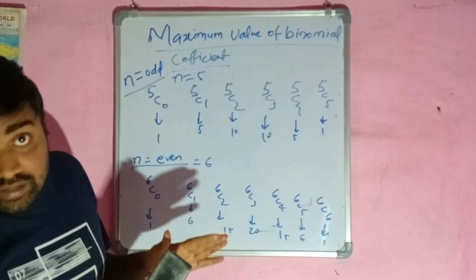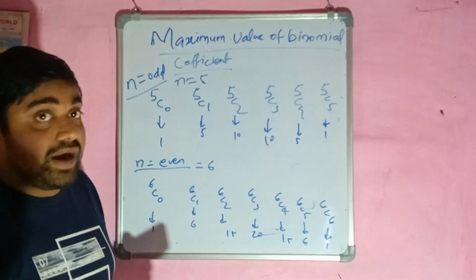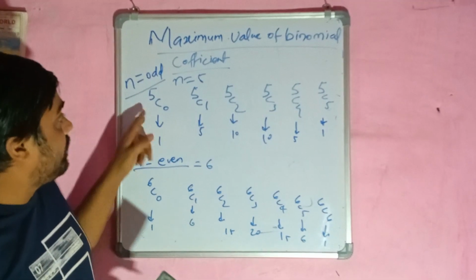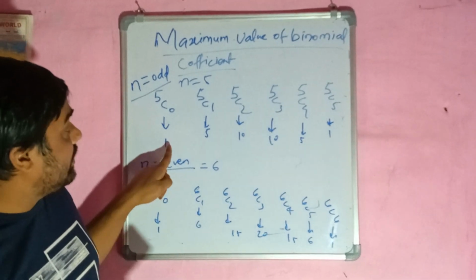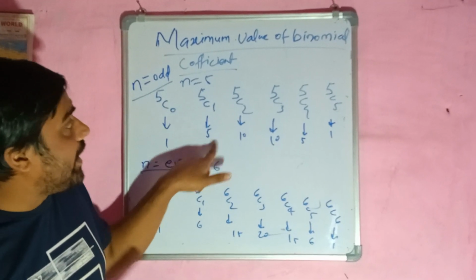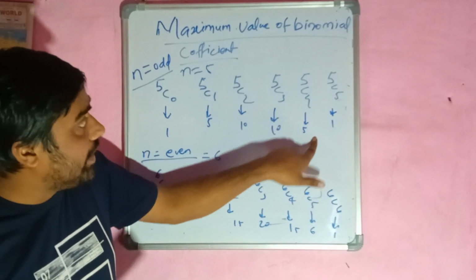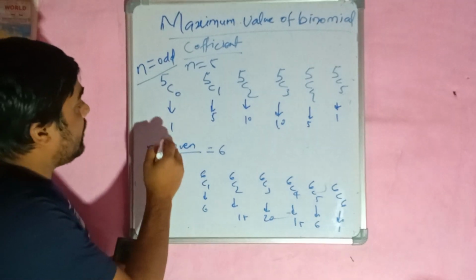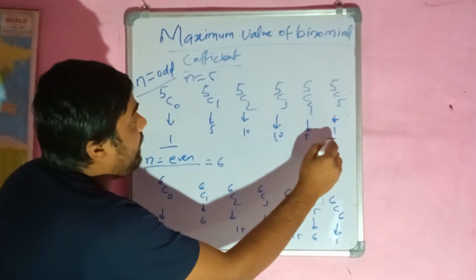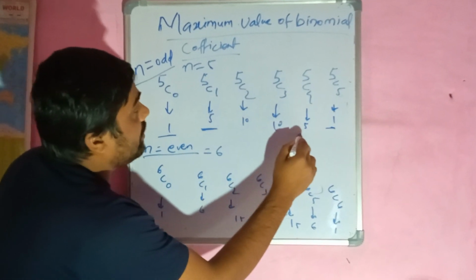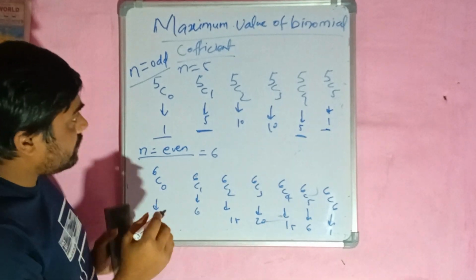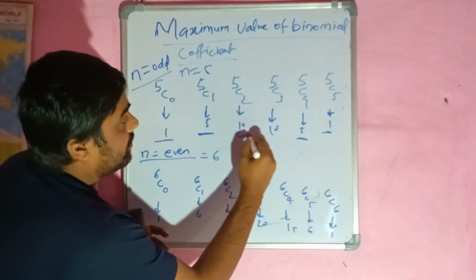So if you find the value, find it on your own. 5C0 will be 1, 5C1 is 5, 5C2 is 10, 5C3 is 10, 5C4 is 5, 5C5 is 1. So just see 5C0 is equal to 5C5, 5C1 is equal to 5C4. Understood? So this is the maximum value.